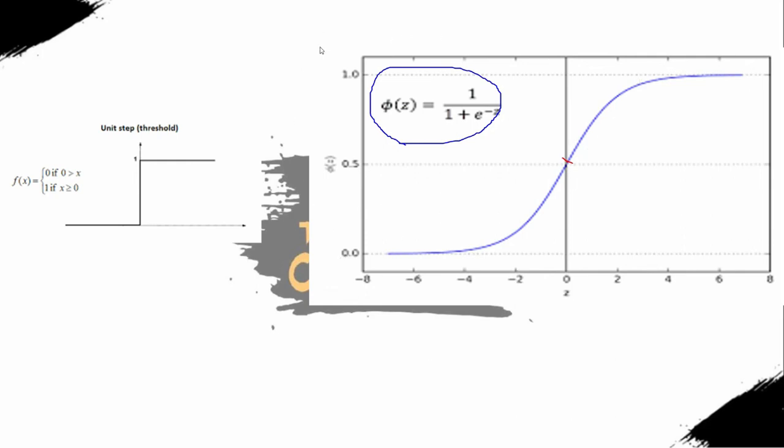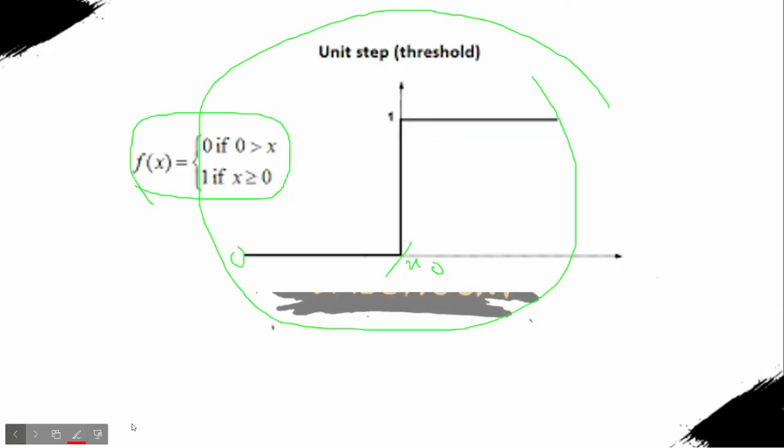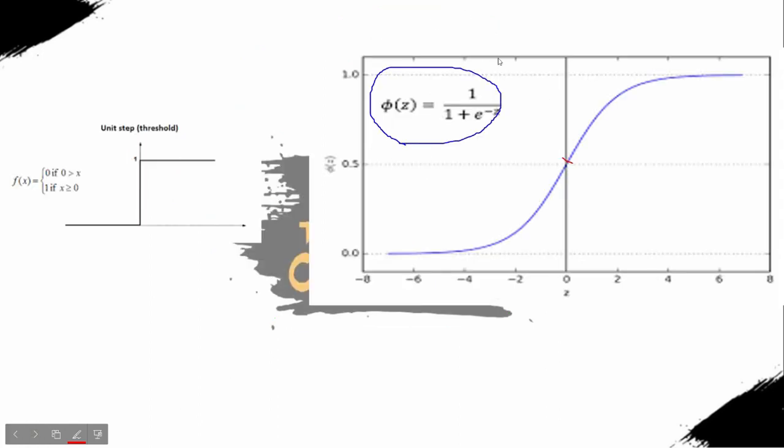So we map our functions through sigmoid. What I mean by that is that the sigmoid gives me the probabilities. So let's, for example, take this to be class 0 and this to be class 1.